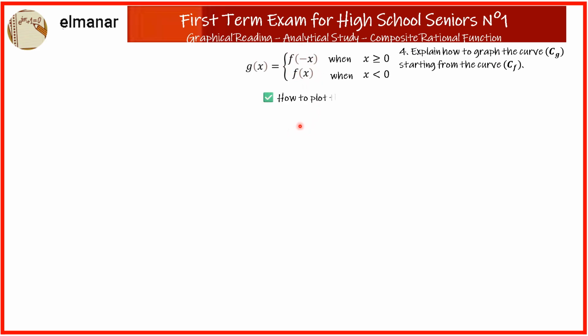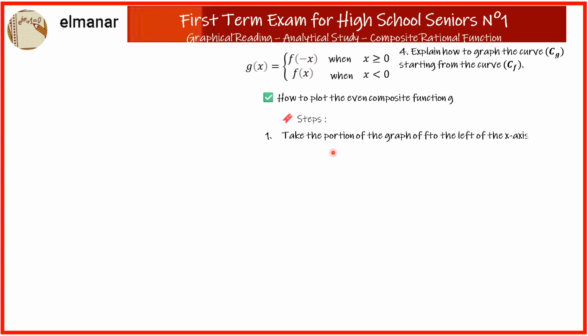Graphical method to draw the curve of g. To construct the curve representing g, follow these steps. 1. Identify the left portion of the curve of f. Begin by examining the curve of f for values of x strictly less than 0. 2. Apply a horizontal reflection.